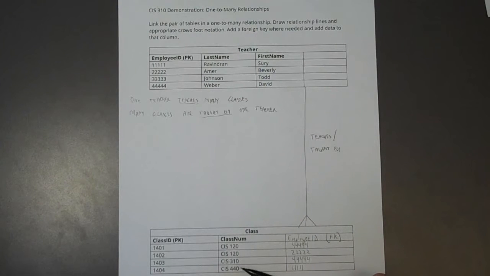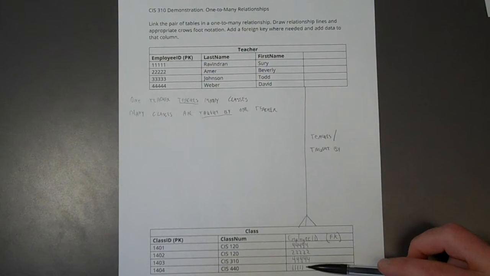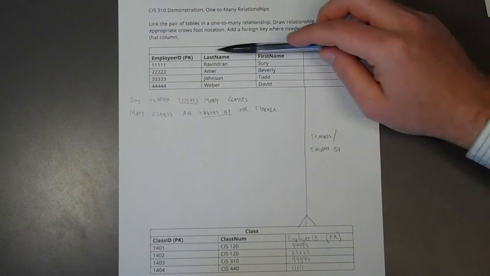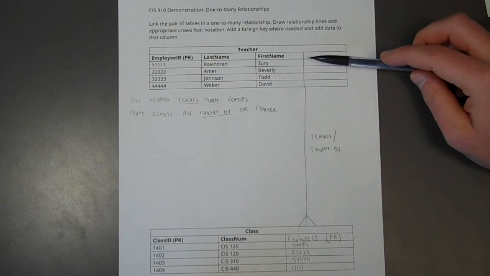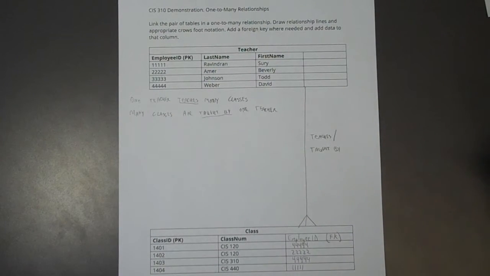If I want to determine who teaches class CIS 440, well, I don't know the name of the professor that teaches CIS 440 because the professor's name is not in this table, but luckily we have a relationship between these two, so I can look at this foreign key of 11111, go back up here to my teacher table, I find 11111, and realize that Professor Suri Ravindran teaches that course.